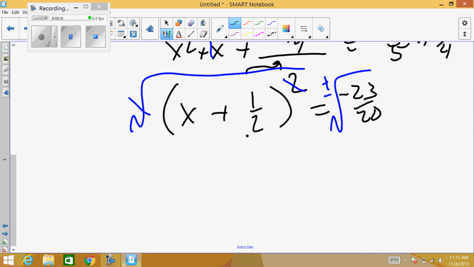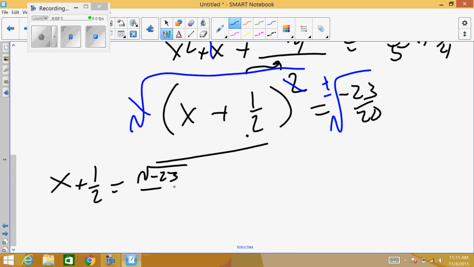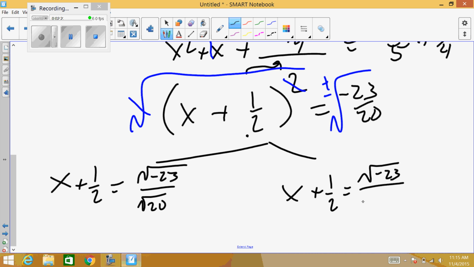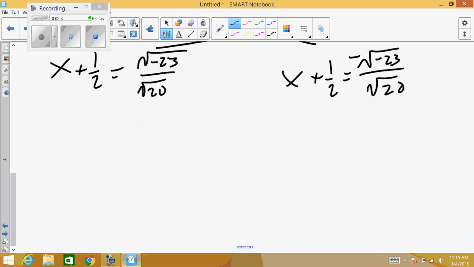On the left side, I've got x plus 1/2 equals, I'm going to split it up to the square root of the numerator over the square root of the denominator, but we need a negative in front, so I'm going to put my negative right there. Yeah, that gets kind of messy.